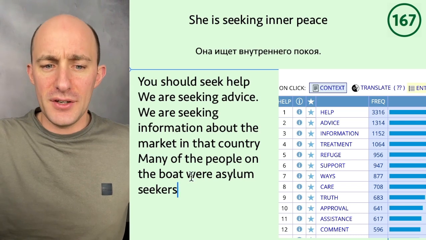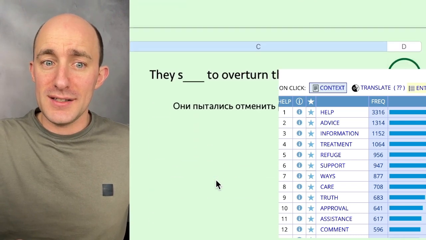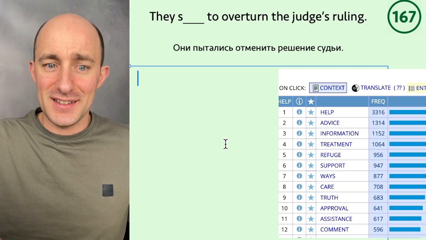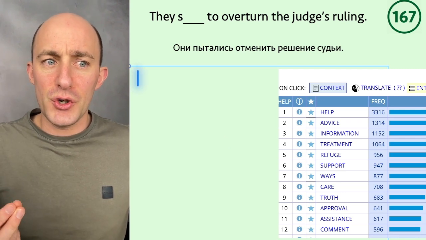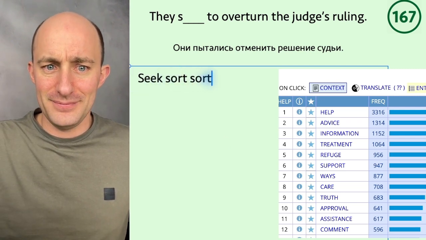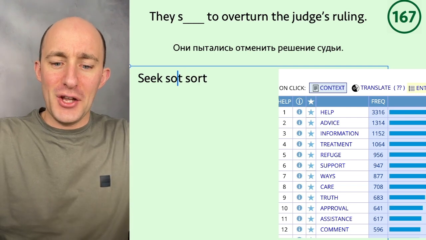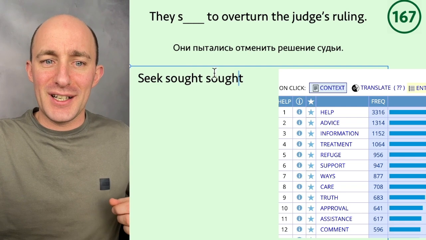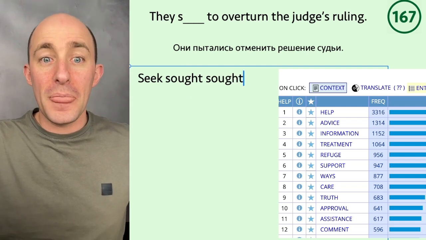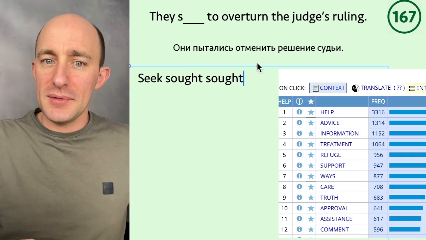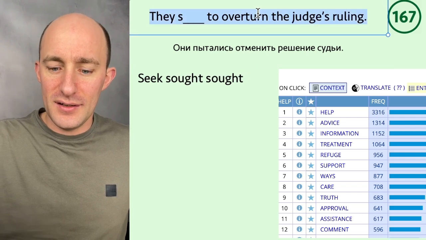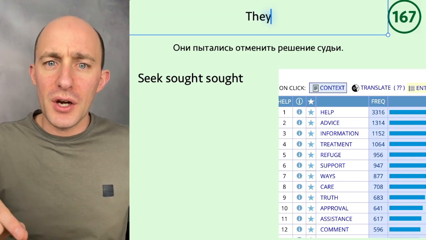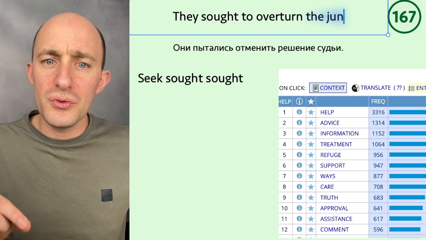And it's an interesting verb because it's irregular. It's seek, sought. No, not like that. Not that kind of sort. But it does sound the same in British English. Seek, sought. They sought to overturn the judge's ruling.